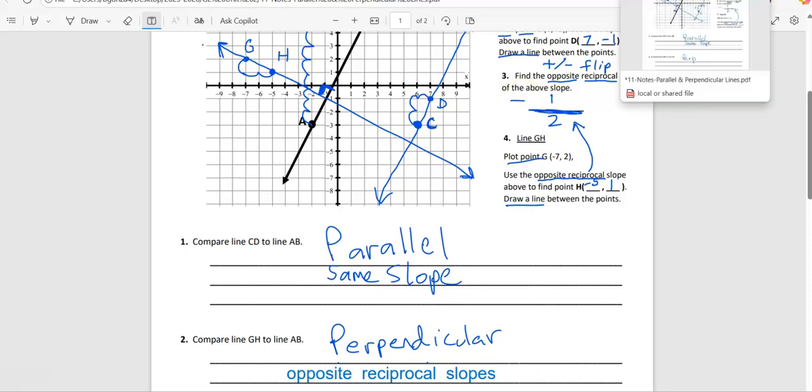So are we good on this side? Parallel, same slope. Perpendicular is opposite reciprocal slope.